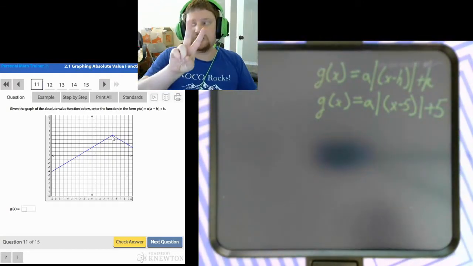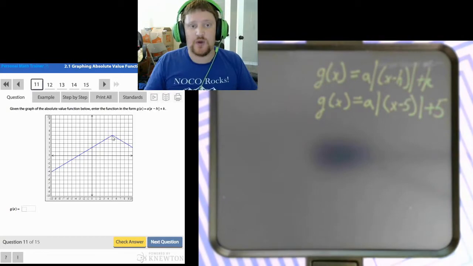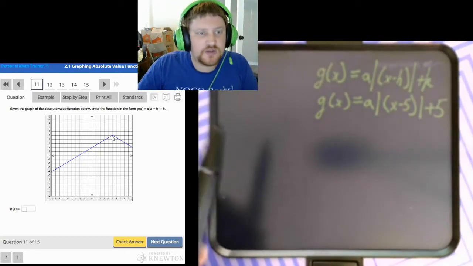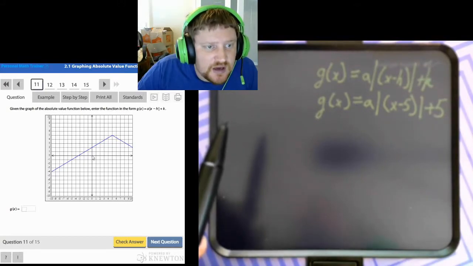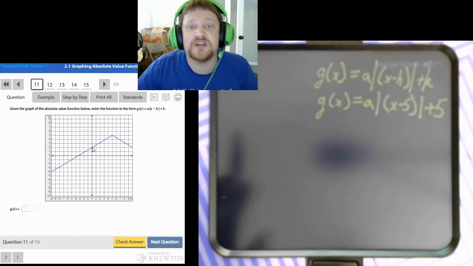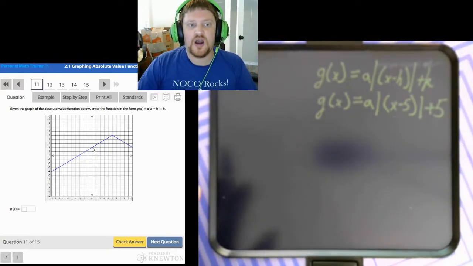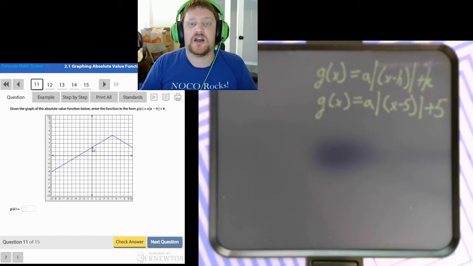There are two ways to solve this from here. The textbook way is what we just did on the previous problem. You take another value that you can find that's easy. Looks like x equals 0 and y equals 2 would be an easy one to use if you wanted to solve it that way.